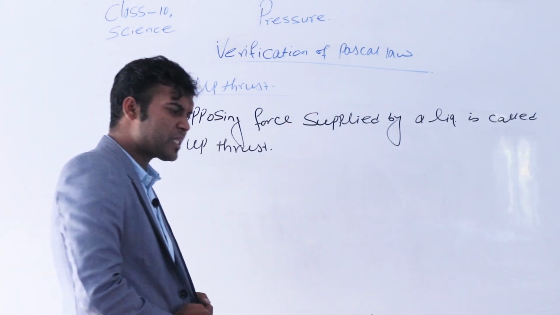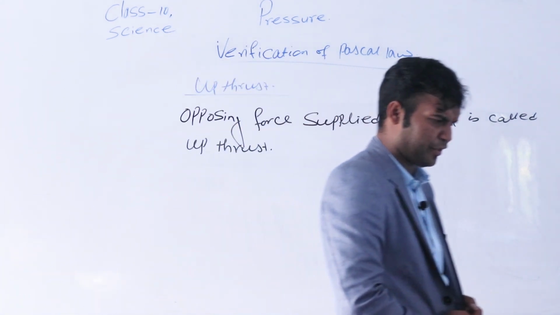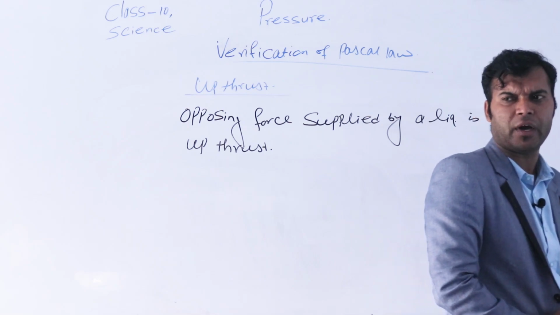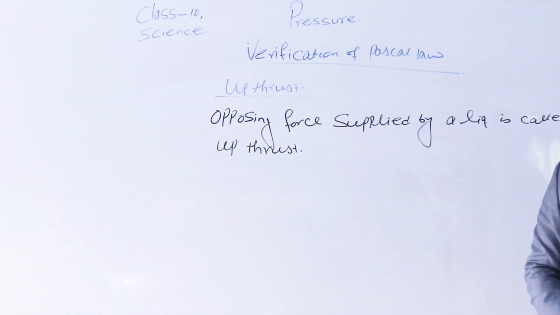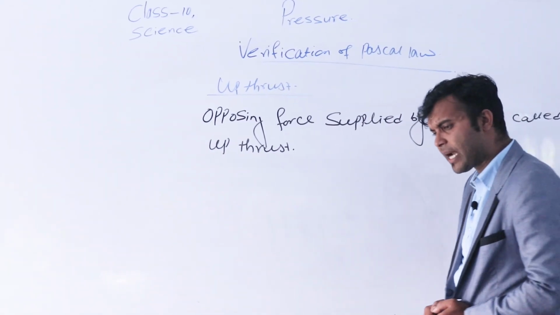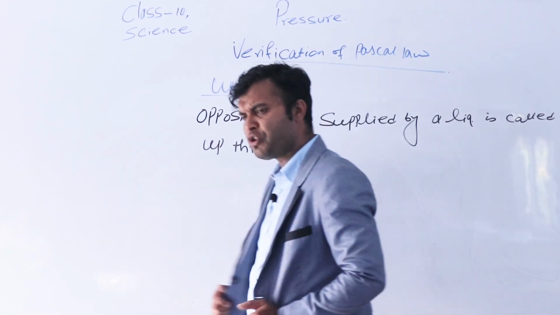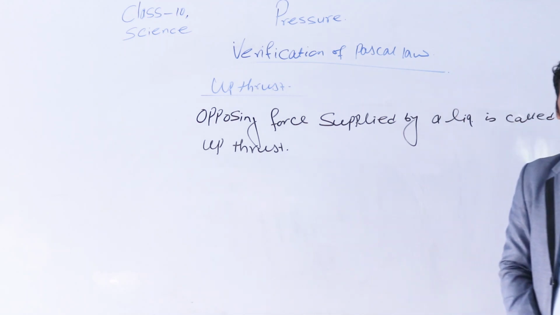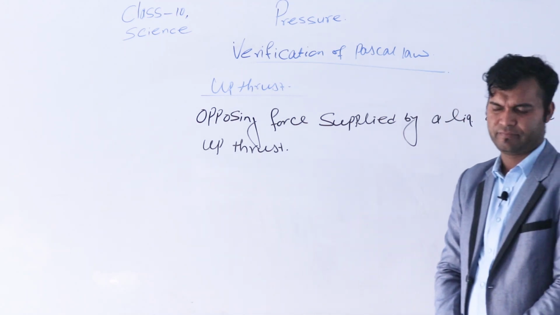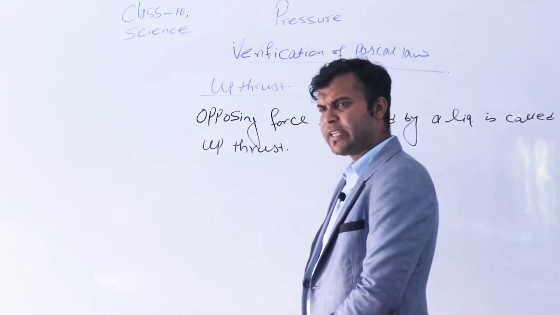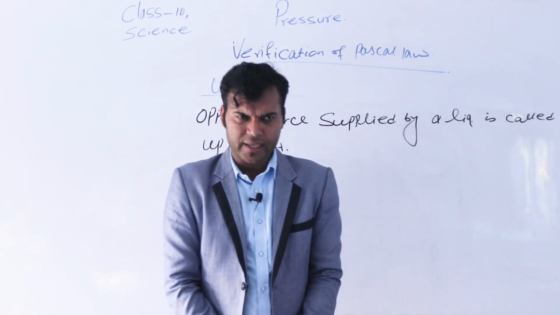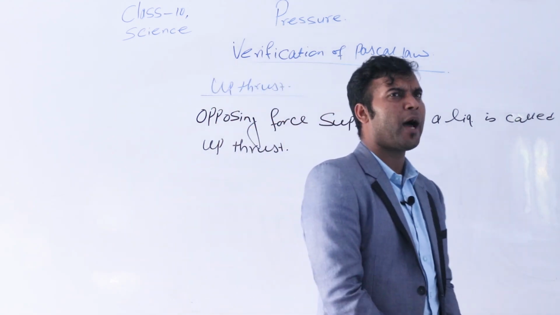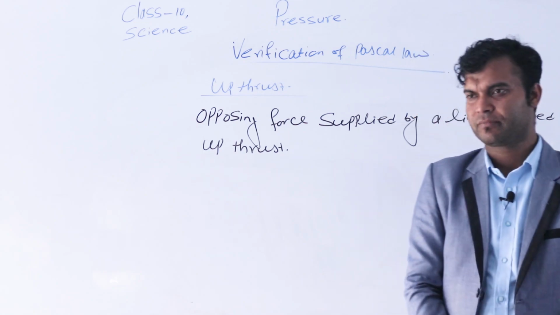When an object is inside the liquid, the weight of the object is less than that of the object outside the liquid. If you keep an object inside water, then the weight of that object becomes less with respect to the outside, because the object is inside the liquid, and in that case water supplies an opposing force.